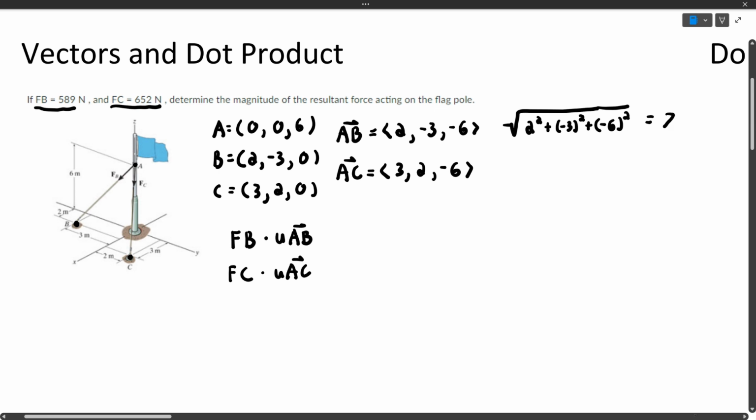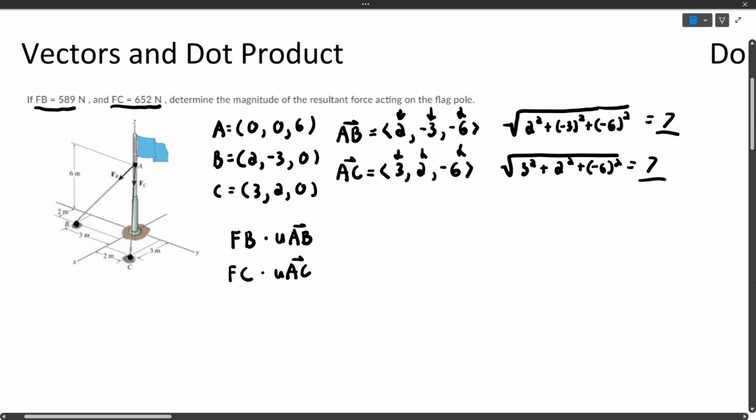And if you do the same thing for this one, it ends up coming out to the same as well. Now, to get a unit vector, you divide each of the components of the vector by the magnitude of the vector, which we end up getting here, which is 7 for both.